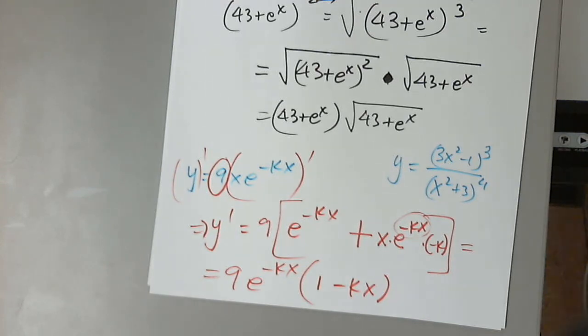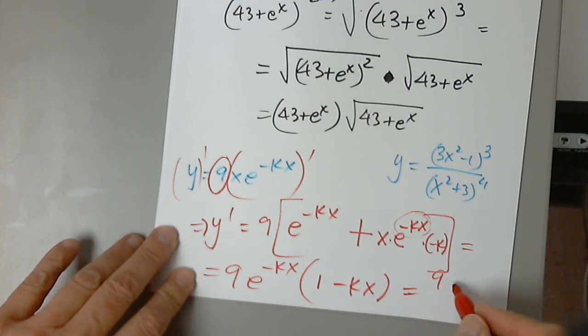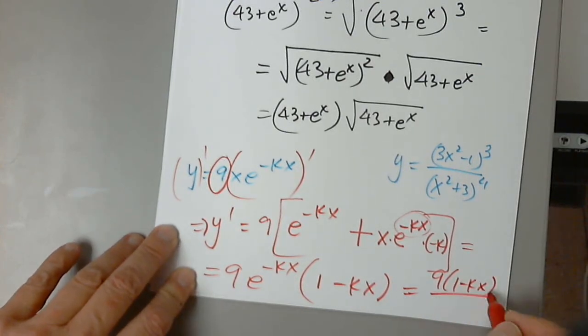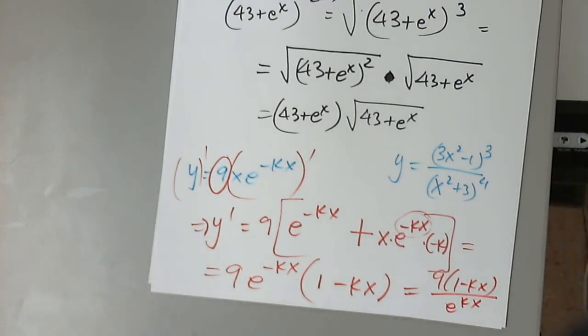You can also present it as 1 minus kx divided by e to kx if you like. There is no need, really. Why do we insist on no negative exponents in the final answer? Because when I set that equal to 0, you will never attempt to say that e to negative kx could be 0, because you can't.